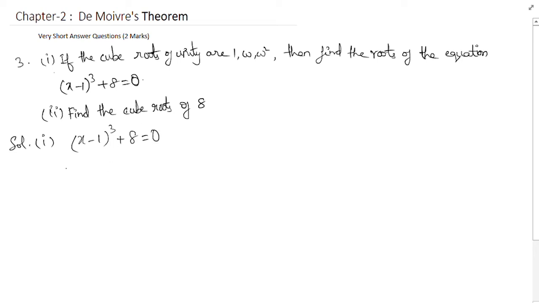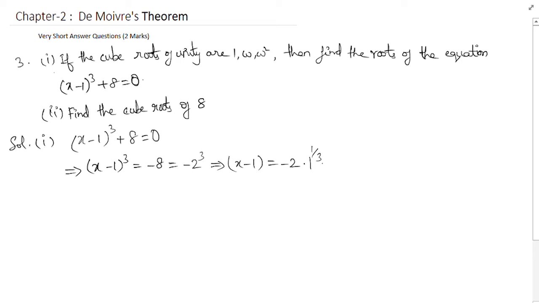Okay, so that implies (x minus 1) whole cube is equal to minus 8, because the 8 goes to the other side, to the RHS, which we can write as (minus 2) cube, right? That implies x minus 1 is equal to minus 2 into 1 to the power 1 by 3.